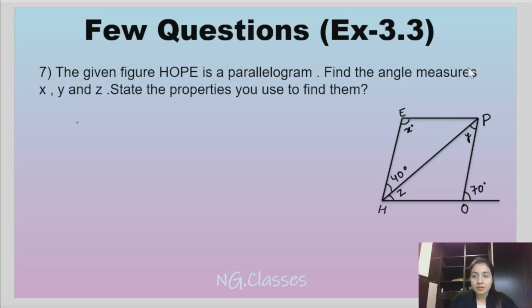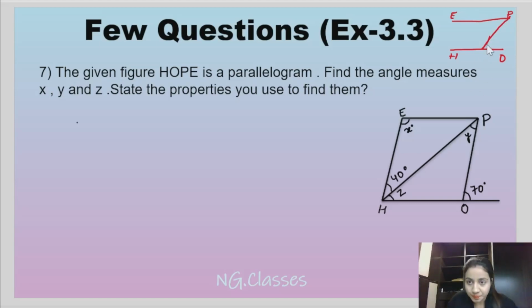So at first just see this HO and PE. Since this figure is a parallelogram, these two are parallel, right? And this one is the transversal line I can take.